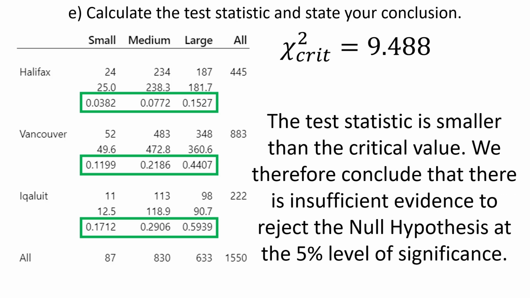But I made you do this for the review, just to emphasize that to get the chi-squared statistic, all you need to do in the end is add up all these contributions. So here we can see our test statistic. Where is it? It's here. Our test statistic is very small. It's smaller than the critical value, so we therefore conclude that there is insufficient evidence to reject the null hypothesis at the 5% level of significance.